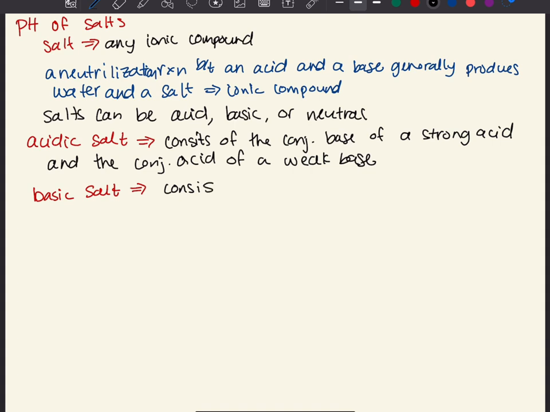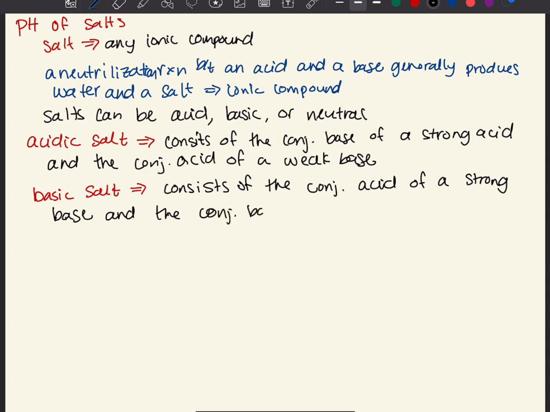So a basic salt consists of the conjugate acid of a strong base and the conjugate base of a weak acid.